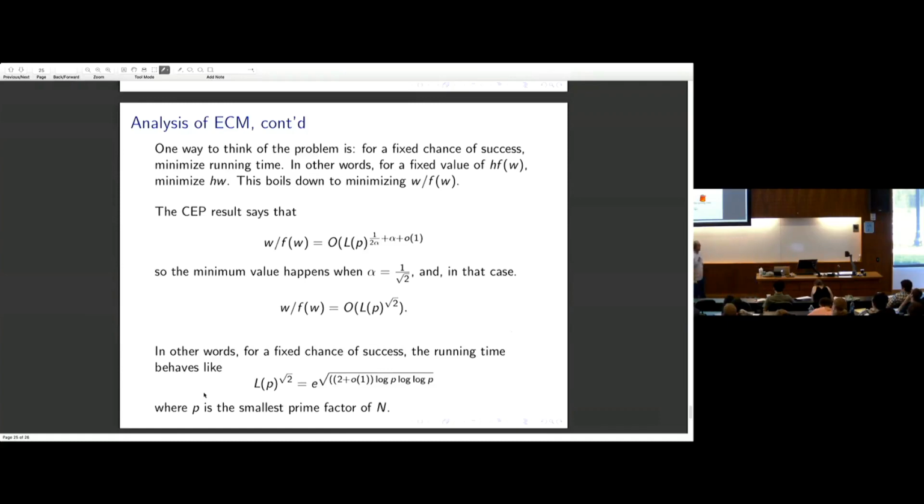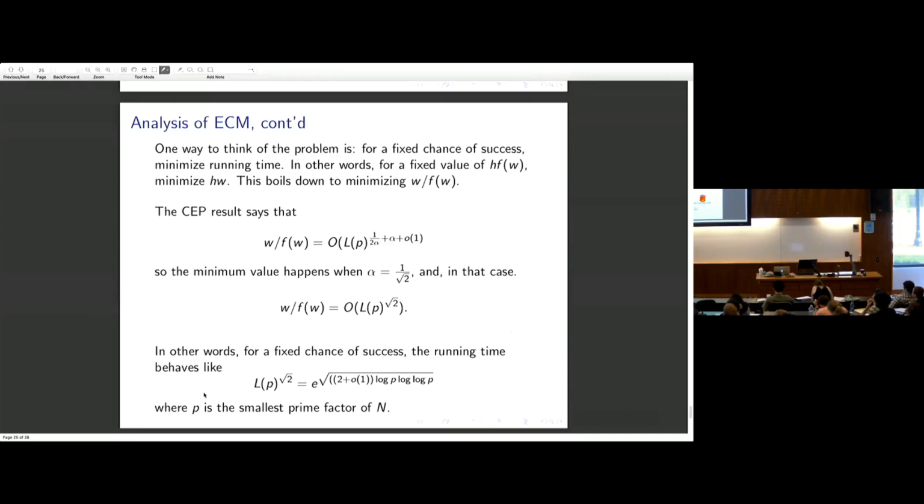So we want the best combination of those parameters, and when you put that together, you have to minimize w over f of w. F of w is the number of elliptic curves that have smooth order, and w is the smoothness bound. If you plug that into the Canfield, Erdős, and Pomerantz result, you find that the best choice is alpha equals square root of 2.